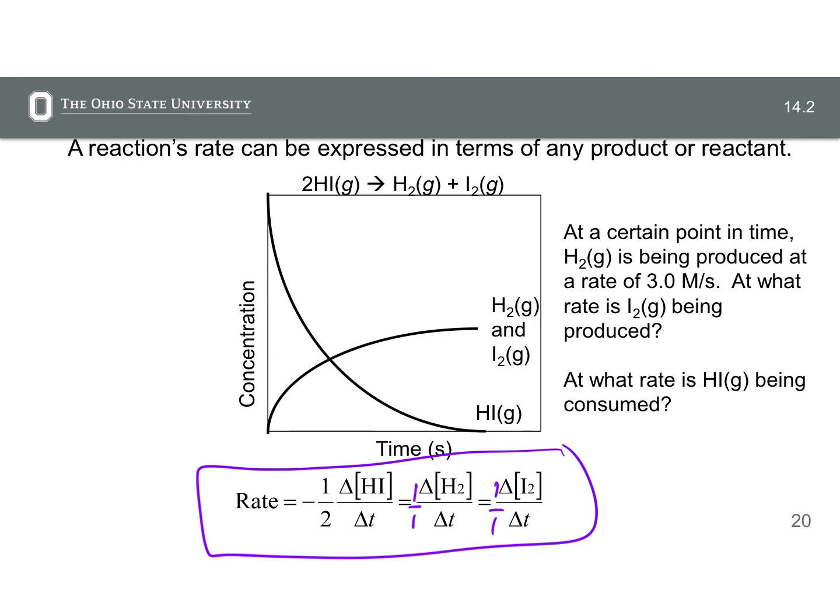Okay, so let's work on this problem. At what rate is I2 being produced? Yeah, at 3.0 moles per liter per second. Those units are capital M over s, which is moles per liter times seconds.